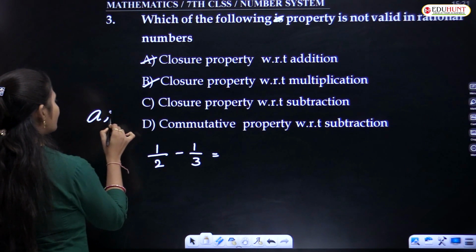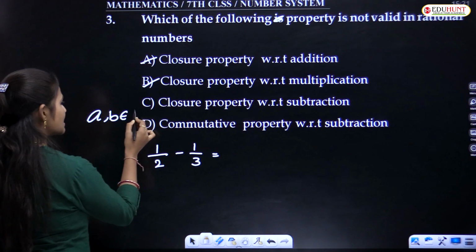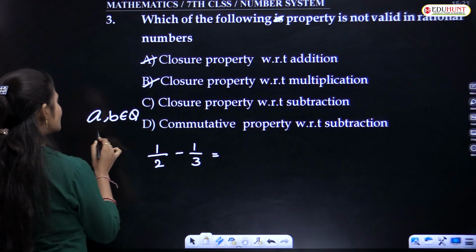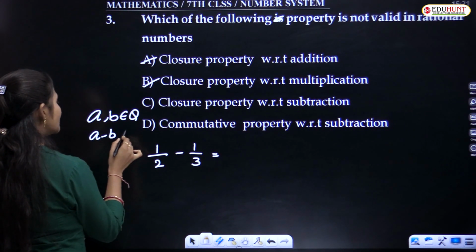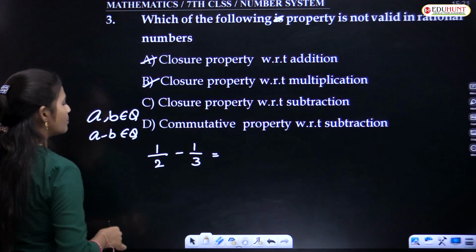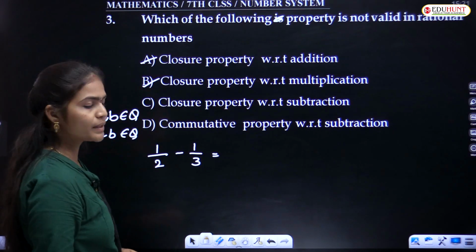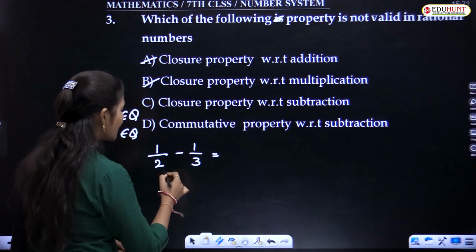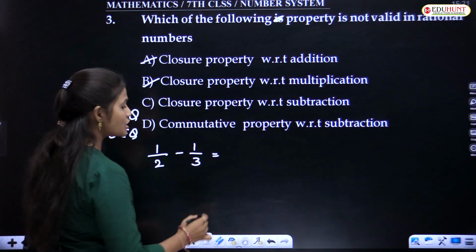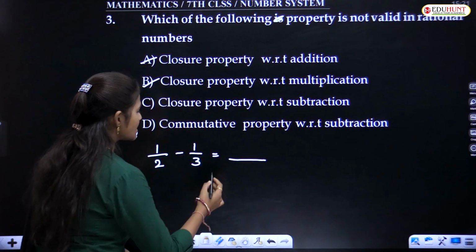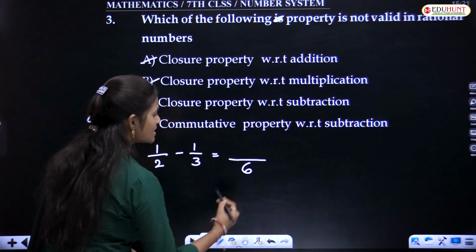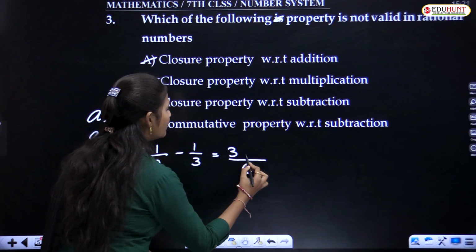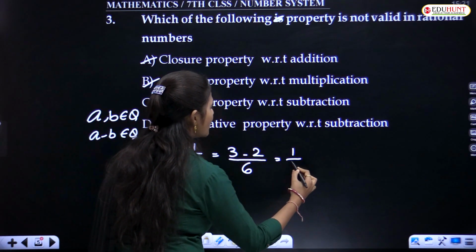If A, B belong to rational numbers, then A minus B also belongs to rational numbers. That is the closure property. So here 1 by 2 is a rational number, 1 by 3 is a rational number. For the difference, the LCM of 2 and 3 is 6, so 3 minus 2 gives 1 by 6.